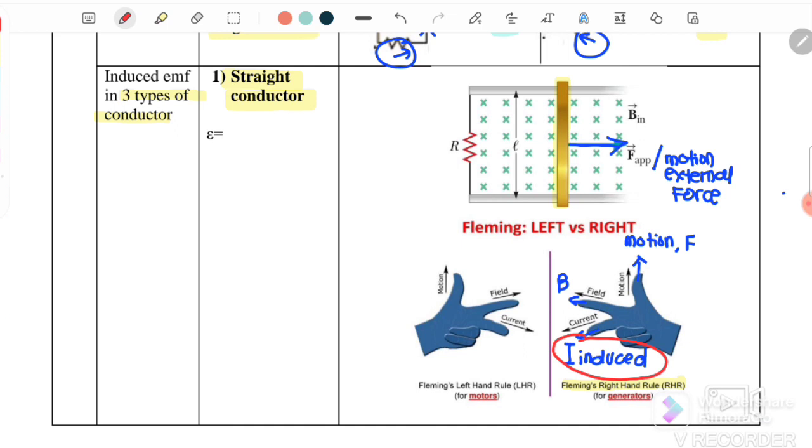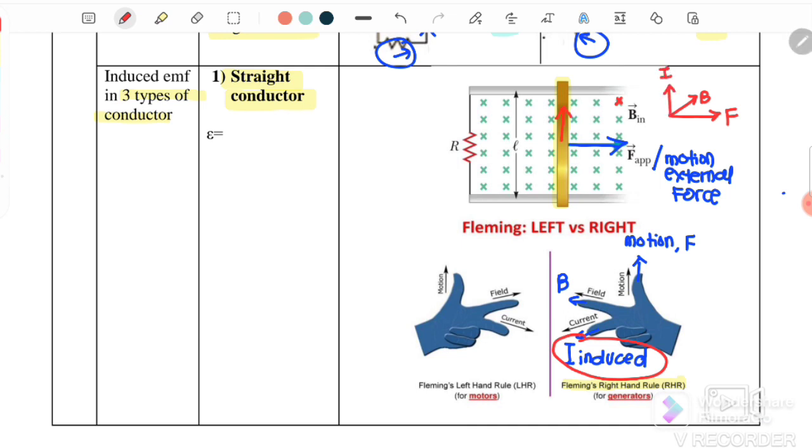If we refer back to the diagram, B is a cross, meaning it is into the page, and the force applied is to the right. The motion is to the right. Therefore, using Fleming's right hand rule, we can find the direction of the induced current. B is into the page, the force applied is to the right, therefore it will produce I induced acting upward.